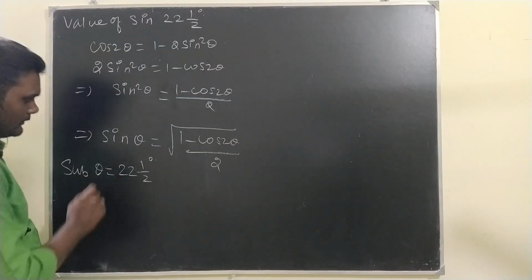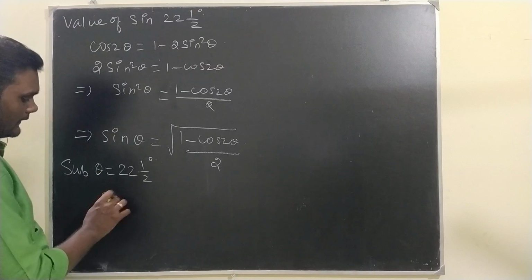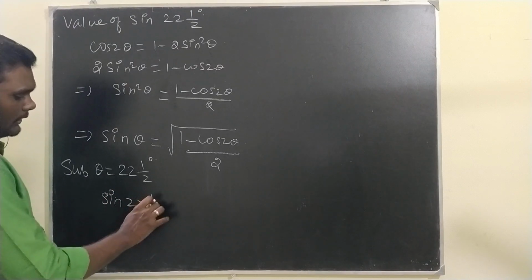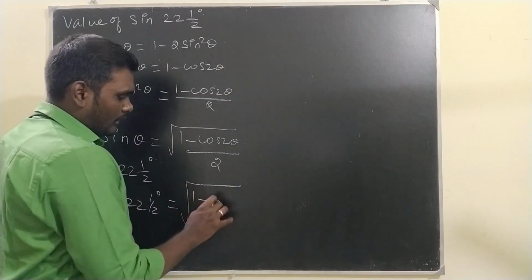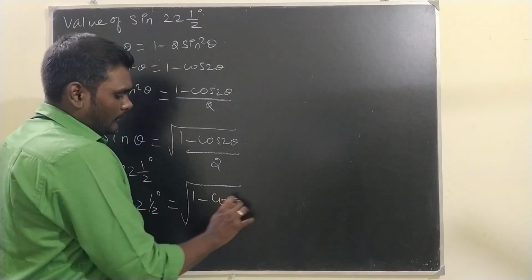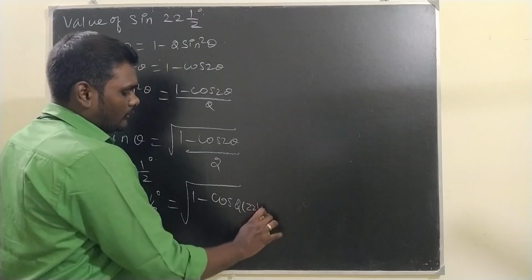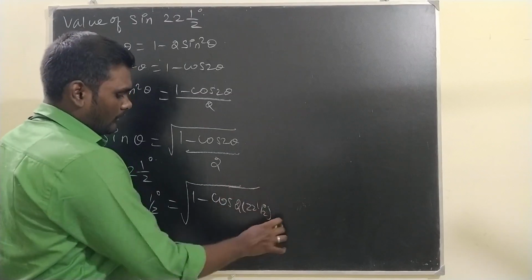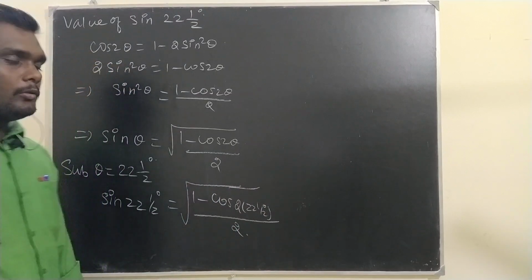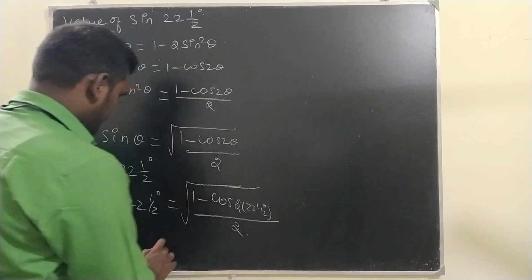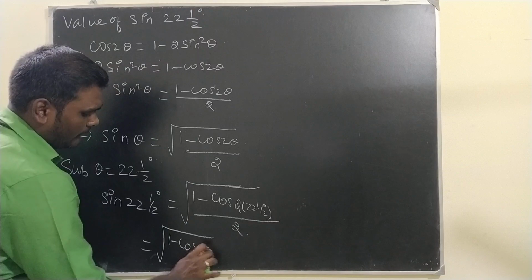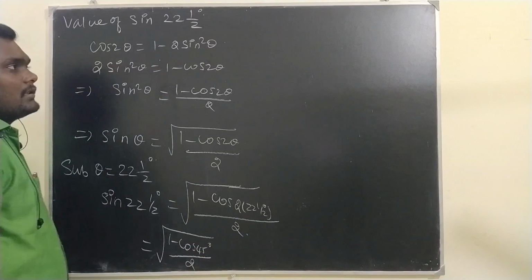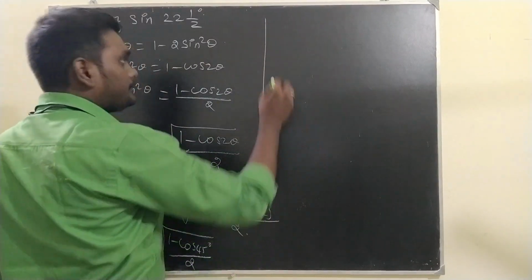So when you substitute, what will you get? Sin 22 and a half degree equals square root of 1 minus cos 2 times 22 and a half degree whole divided by 2. 2 times 22 and a half is 45. It is square root of 1 minus cos 45 degree by 2. How much is cos 45 degree?